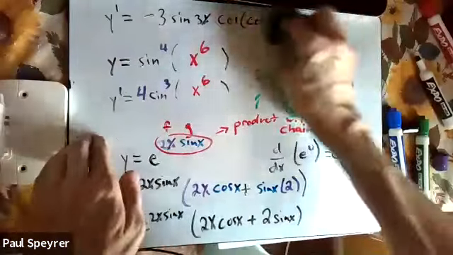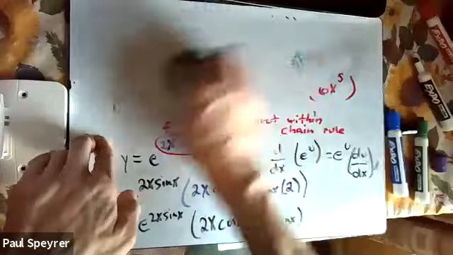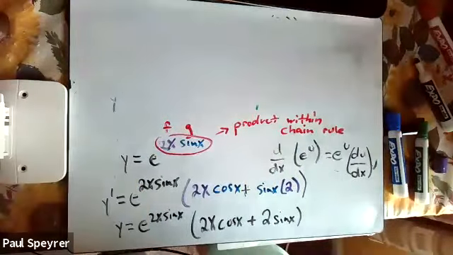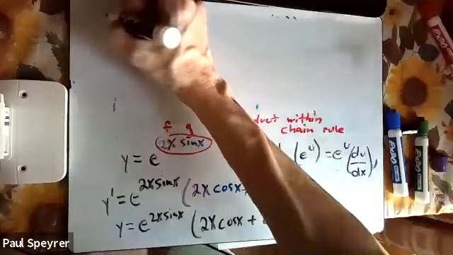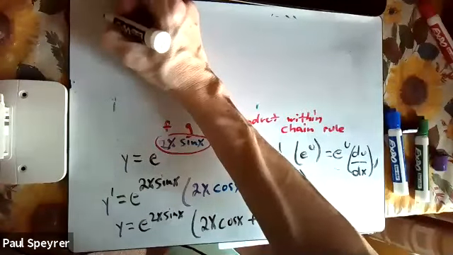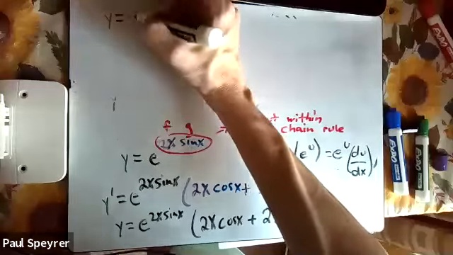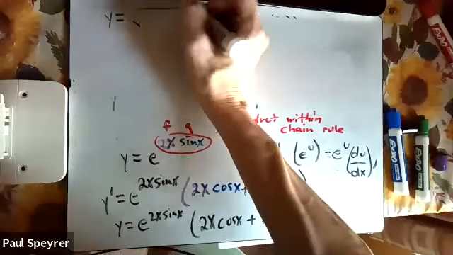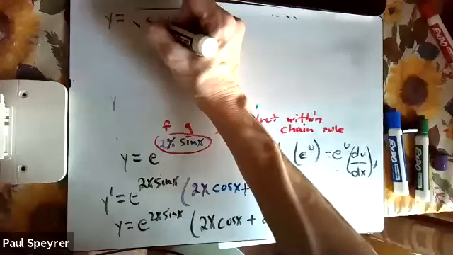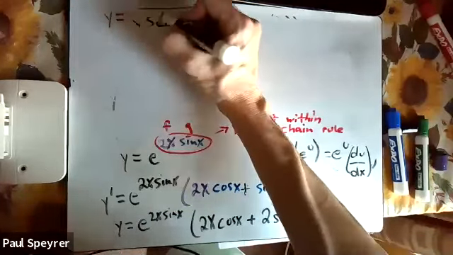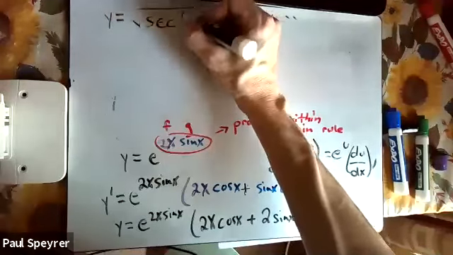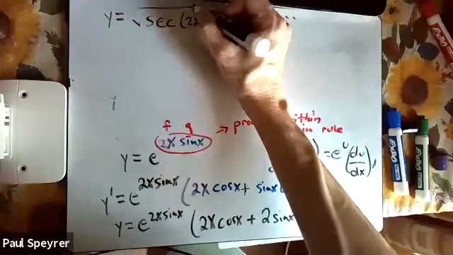What if we had y equals the square root of secant of 2x, something like that.